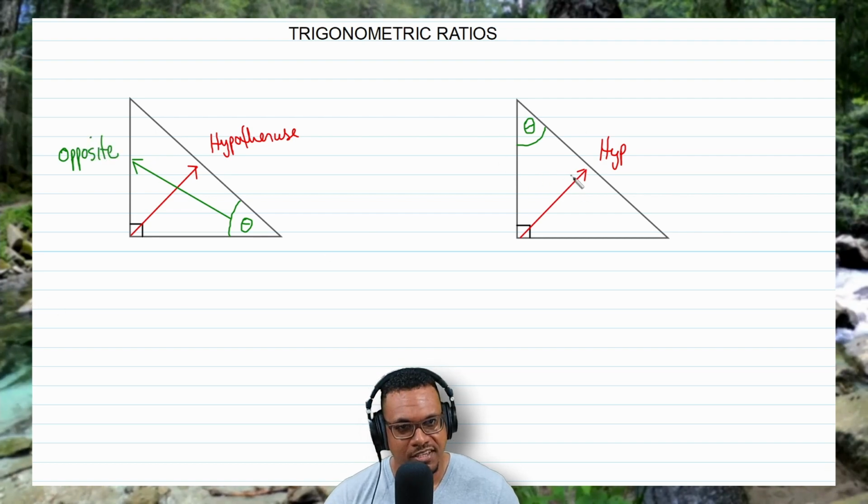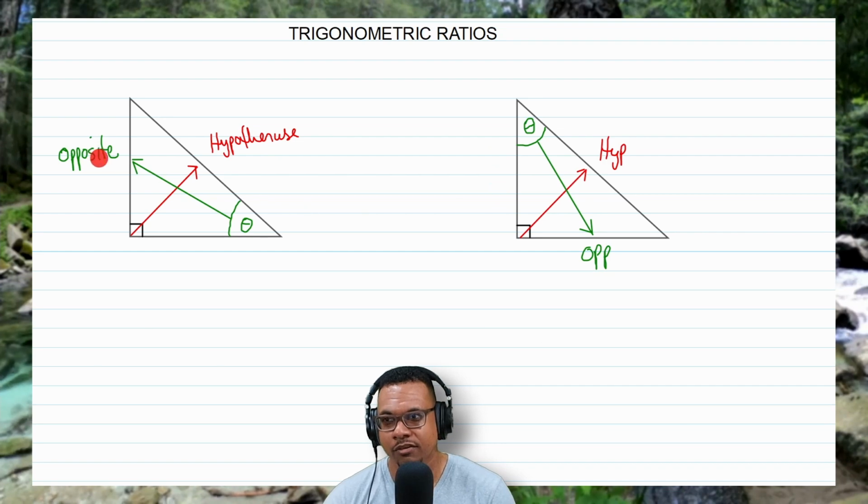Now, in this triangle across here, theta is up here. If you do the same thing and draw a line from theta, it will touch this side down here, and we call this side the opposite side. I'll use OPP for short for opposite. Then the remaining side, which will be here: we have the hypotenuse, we have the opposite, and this is the remaining side.